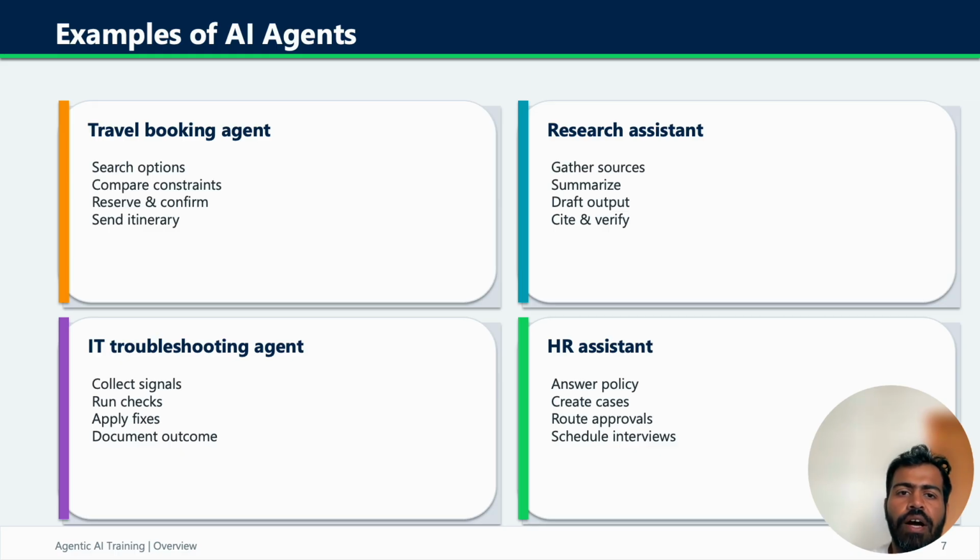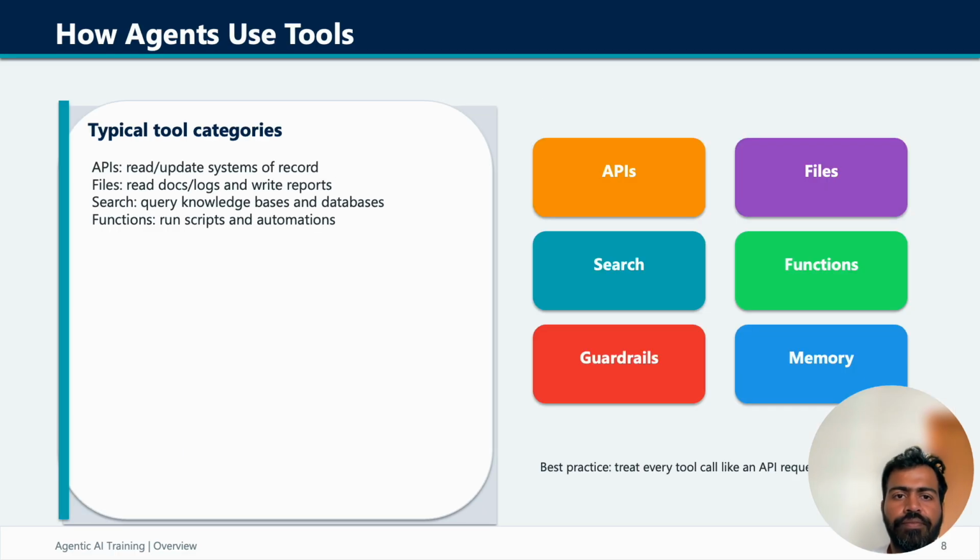HR will answer policy questions, create cases, route approvals, and schedule. Notice the shared pattern: goal, steps, tool use, and then verification. So as you look at these, think of a workflow in your area that is repetitive and touches multiple systems. That is often where agents create value.